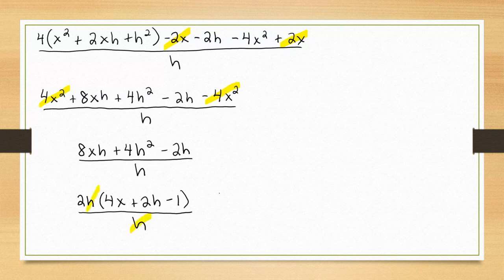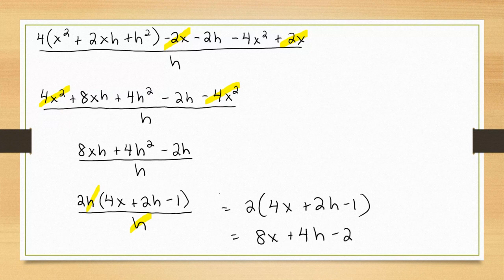So I can cancel out those h's. And that will give me 2 times 4x plus 2h minus 1. Or if you want, you could just not factor out that 2 at all and leave it as 8x plus 4h minus 2.